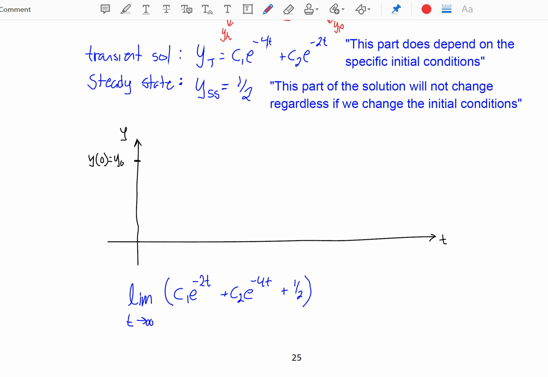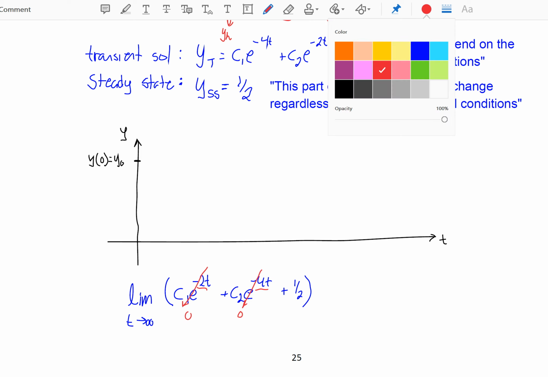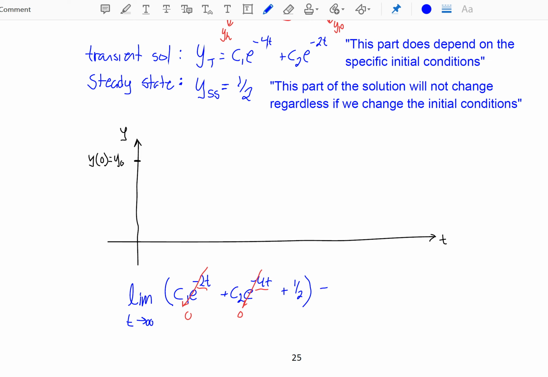And by definition of being a transient solution, we have the negative exponents here. That tells us these two terms will go to 0. And so our solution will always approach the steady state solution 1/2.